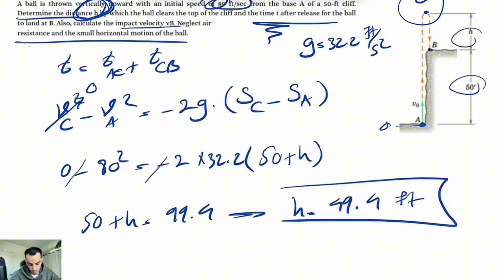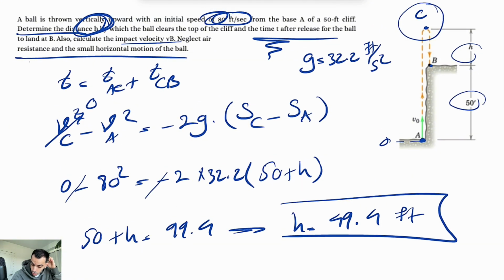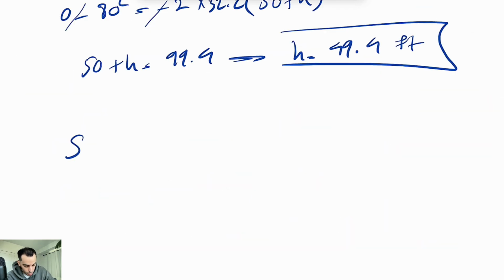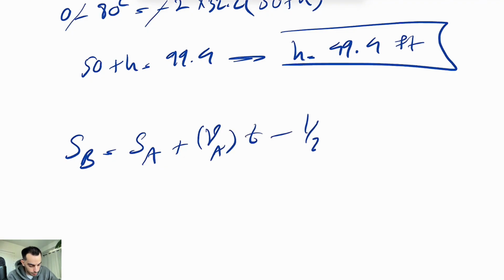We found the first part of the question, and now the question is asking us to find the time. If we're going to move from A to B, we should be able to find the time with one of our formulas. SB is equal to SA plus the initial velocity at point A times T, minus 1/2 of g times T squared.